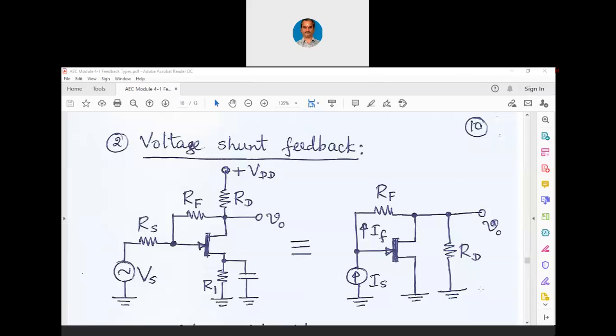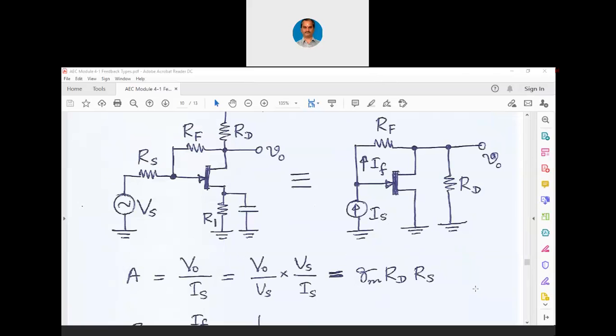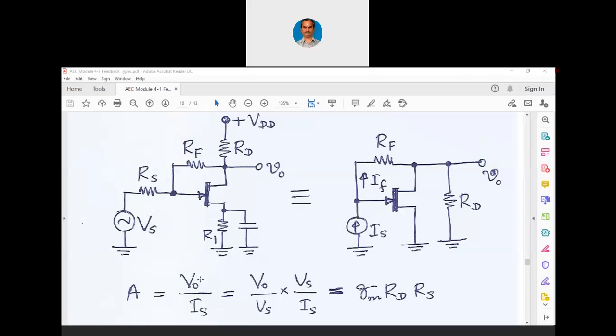So now let us proceed with our analysis for this particular circuit. This is an example of a voltage shunt feedback. So now A is V0 by Is, as we have replaced Vs and Rs with Is. You might recall that voltage shunt feedback was also called a current to voltage converter, right?